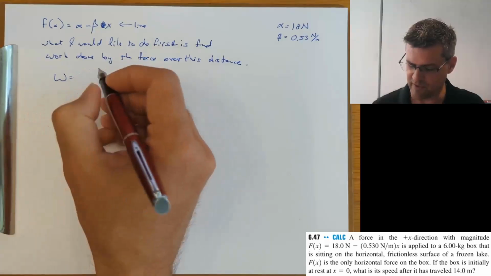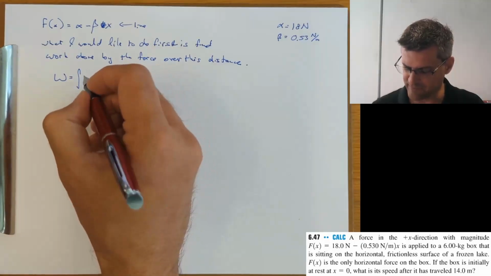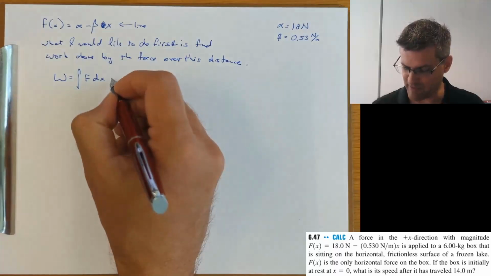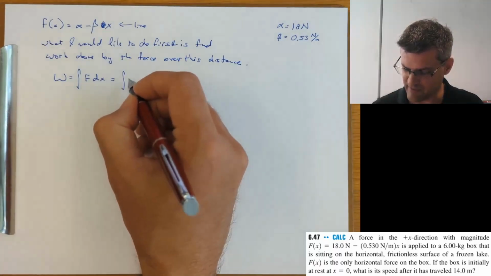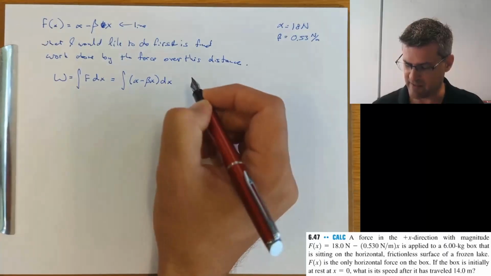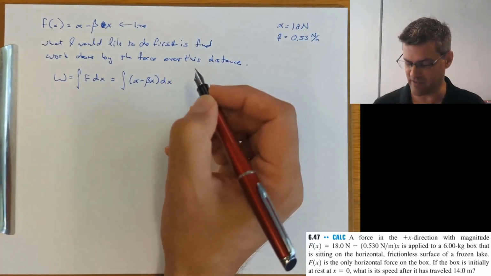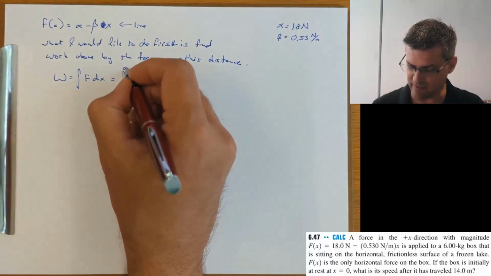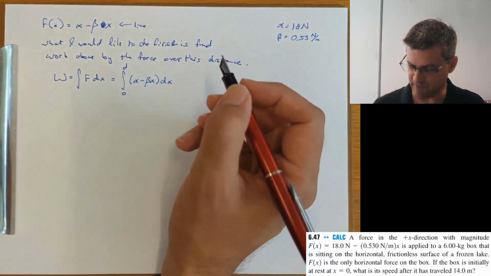So work is the integral of force dx. We happen to know what our force is. Alpha minus beta x dx, and we are going to be integrating it over some distance. We can call it d. So we're integrating from 0 to d, so to speak.